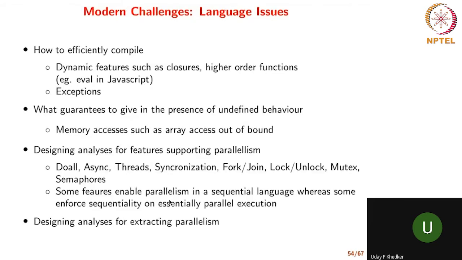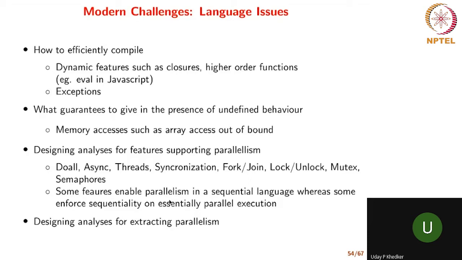But there are many language issues. How to efficiently compile dynamic features such as closures, higher order functions, such as eval in JavaScript. How do we efficiently compile for exceptions? Because exceptions create humongously complicated control flow.